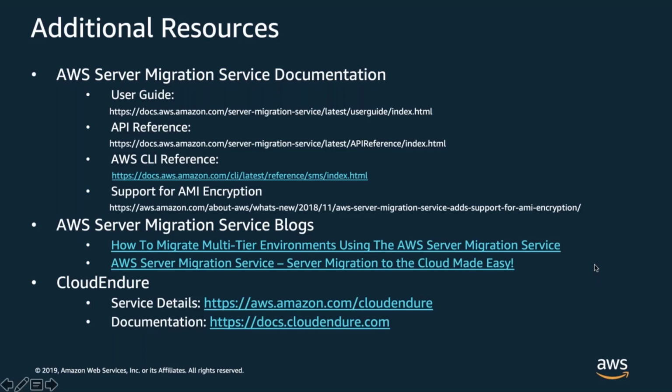It explains step-by-step instructions for migrating multi-tier environments to AWS. The second blog highlights all the features of AWS Server Migration Service and how to use them. Also, if you are using CloudEndure for migration, you can use these resources. There are service details and our documentation publicly posted for CloudEndure, which is an Amazon company.